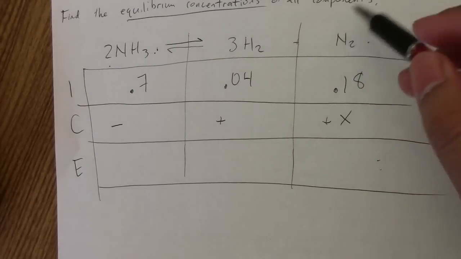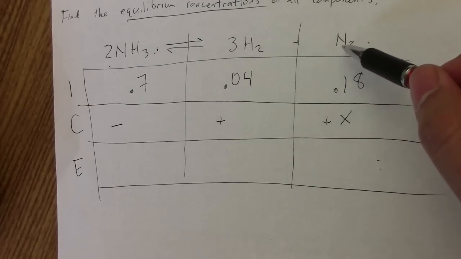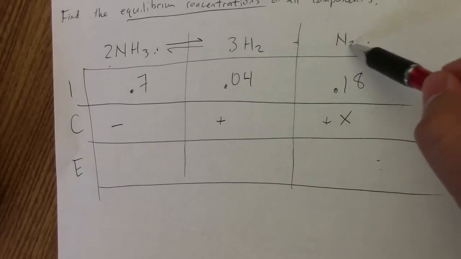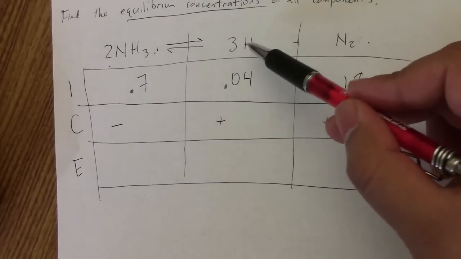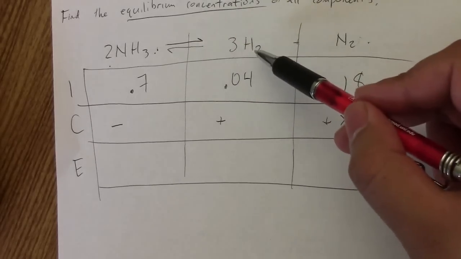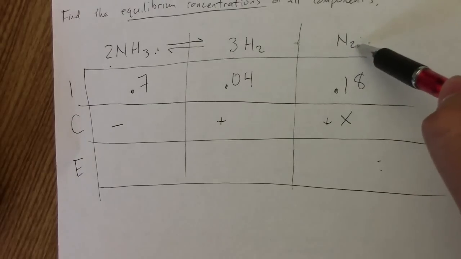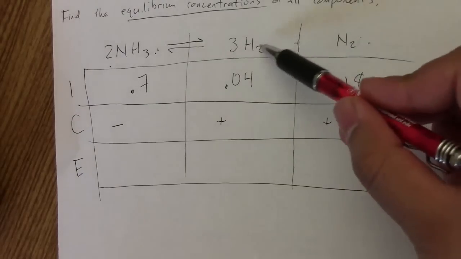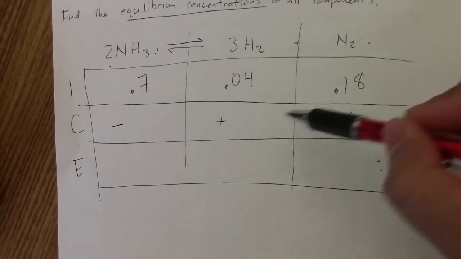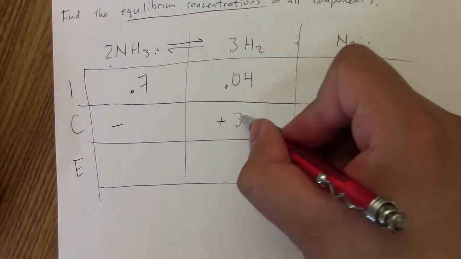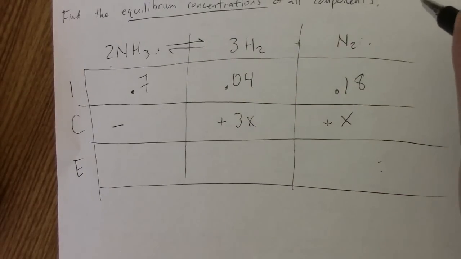Now, if we look at our reaction, we should be able to say, okay, as 1 mole of N2 appears, 3 moles of H2 are going to appear. That's what this coefficient actually means. For each 1 mole of N2 that appears, 3 moles of H2 are going to appear. So if we have plus X down here, we need to put plus 3X right there.